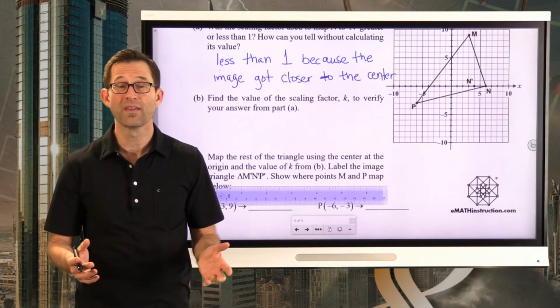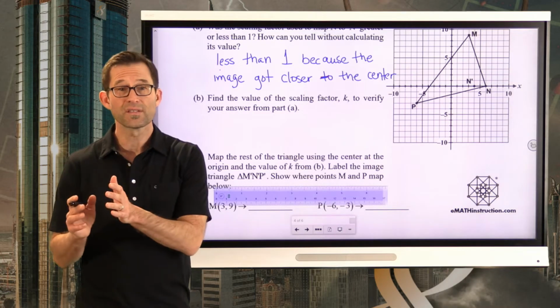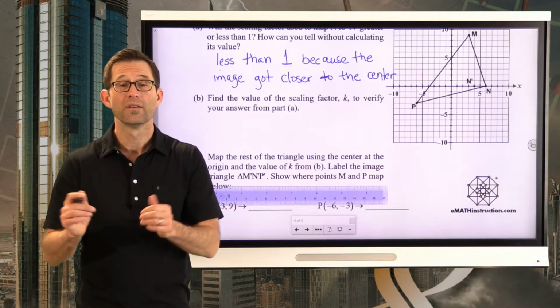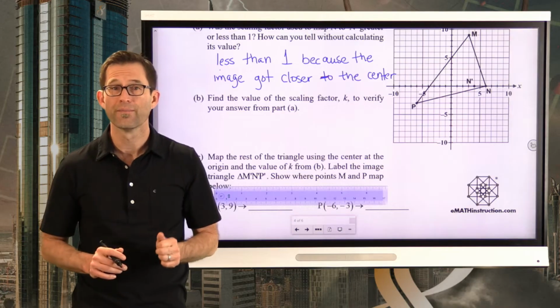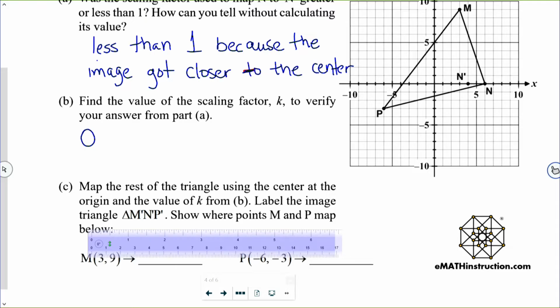All right, well, here's the key. The scaling factor will always be the distance from the center to the image divided by the distance from the center to the original point. Well, we know the distance from the center, the origin, to the original point, and yes, that's point N, is going to be 6 units. It's this distance.